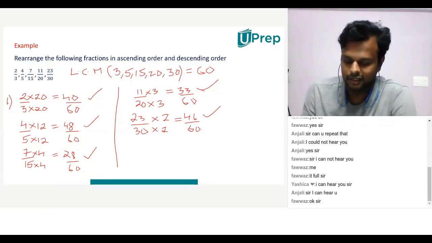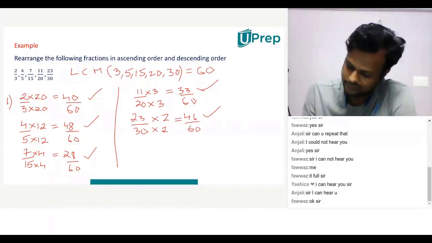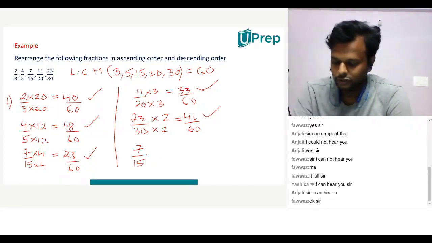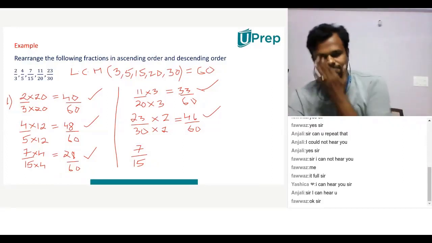You guys try to write the descending order. Okay, sir. That means 7 by 15. So we should write it like 40 by 60 or like 2 by 20? No, you should write in the original fractions. Okay, sir.